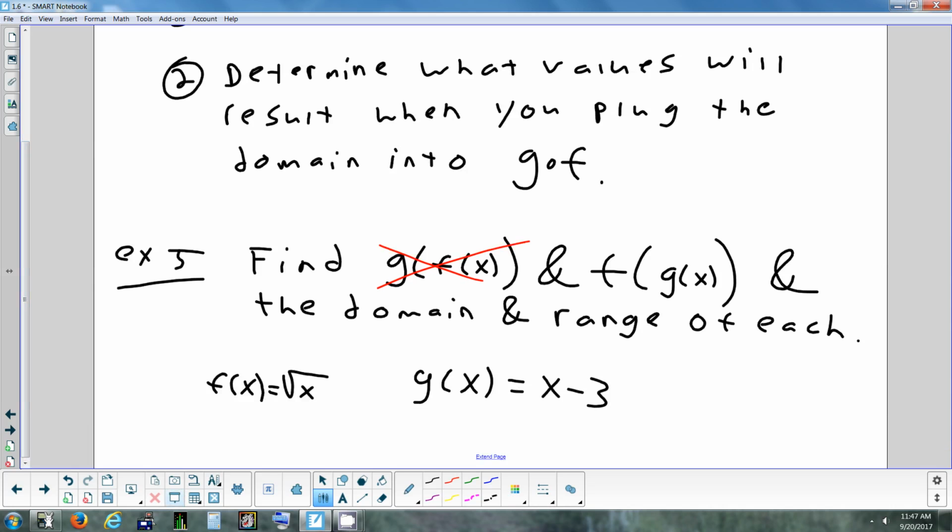Okay, so let's find f of g. Take function g, plug it in for the variable in f. And if I do that, Mallory, could you tell me what I would get?